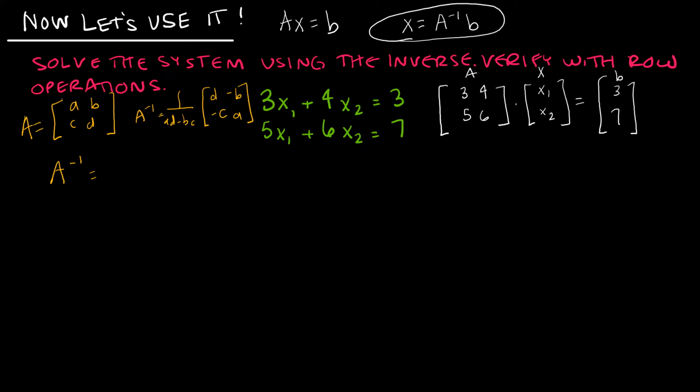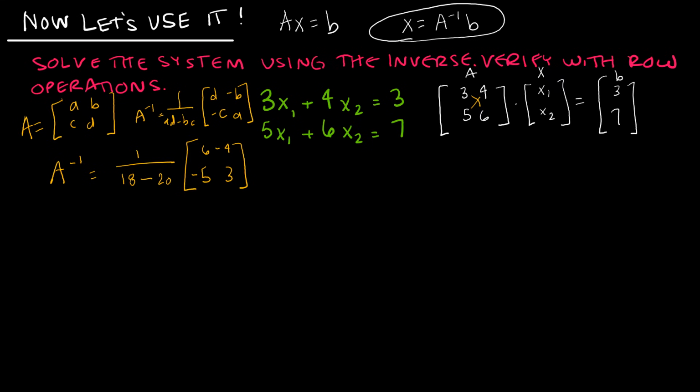Sorry to squeeze that all in there, but I've got a lot to fit on one little slide. So let's go ahead and take A inverse. I'm going to take 1 over 3 times 6, which is 18, minus, don't forget that it's minus, 5 times 4, which is 20. And then I'm going to change the location of 3 and 6, so I'm going to swap those. And I'm going to change the 4 and the 5 into negatives.